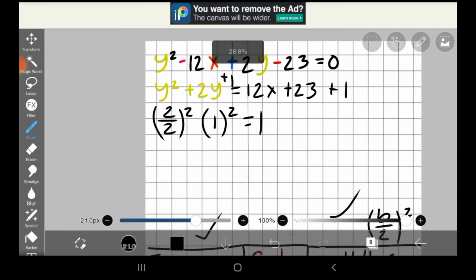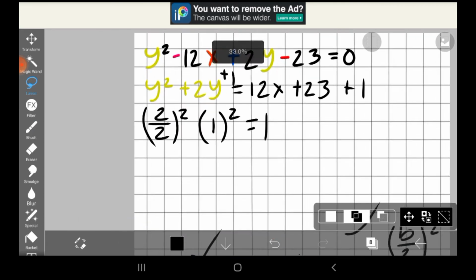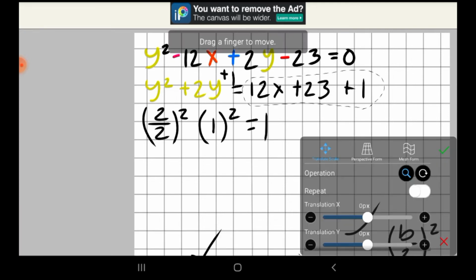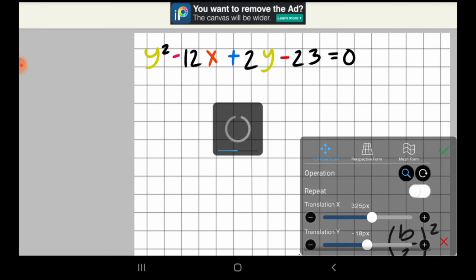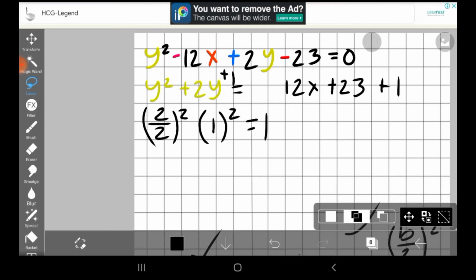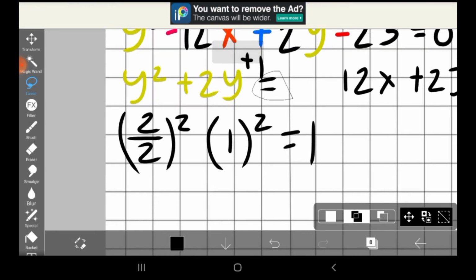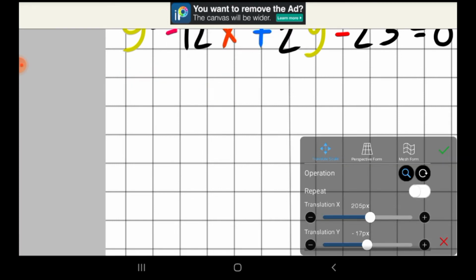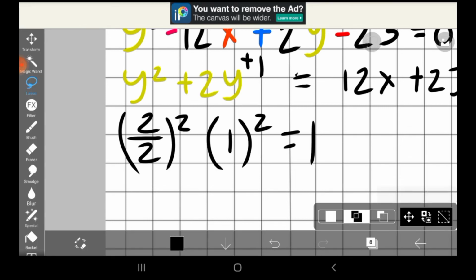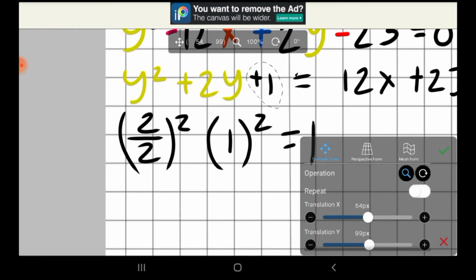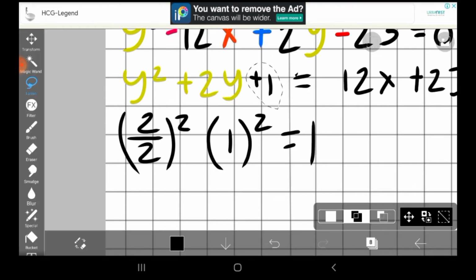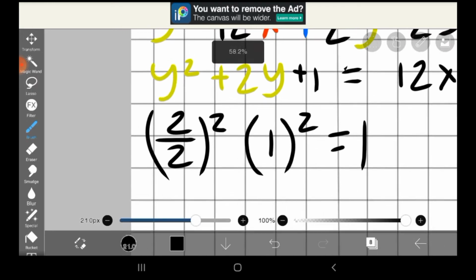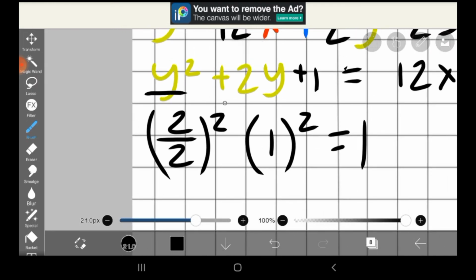Now let's rewrite it. Because we completed the square, we have the leading term, the second term, and the constant.